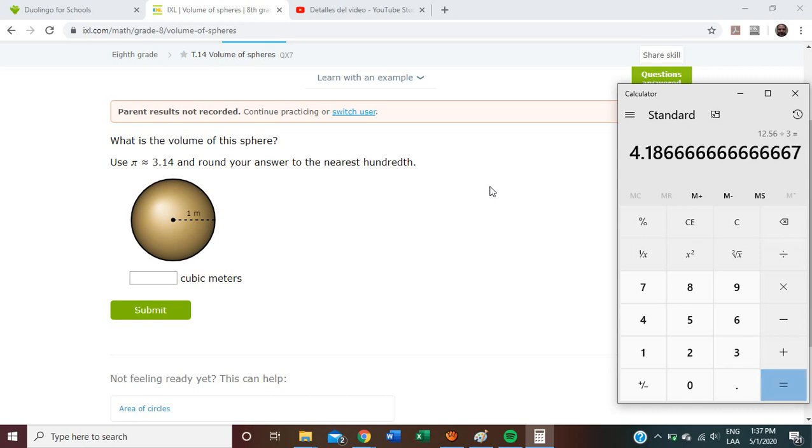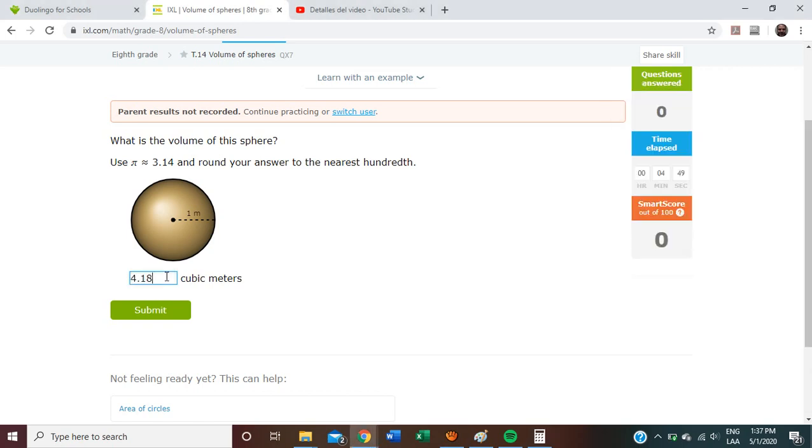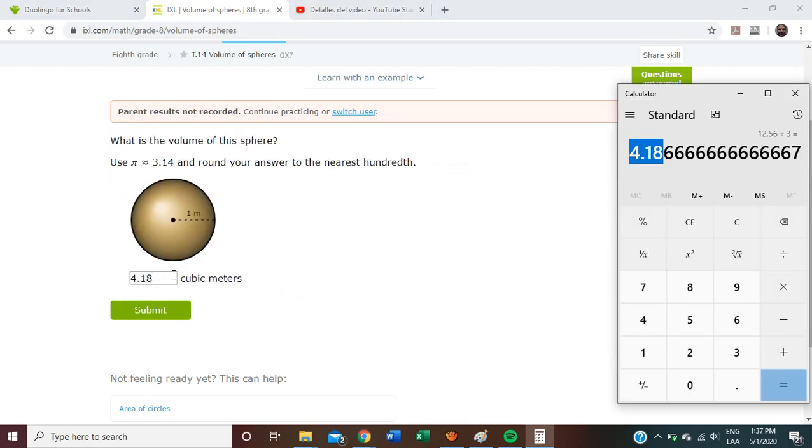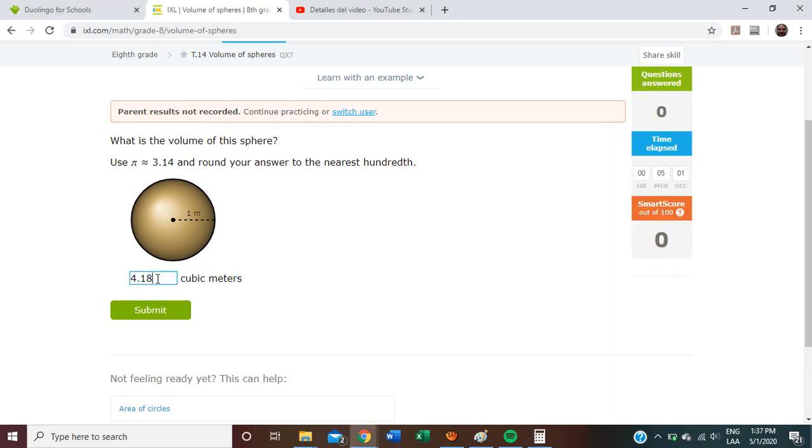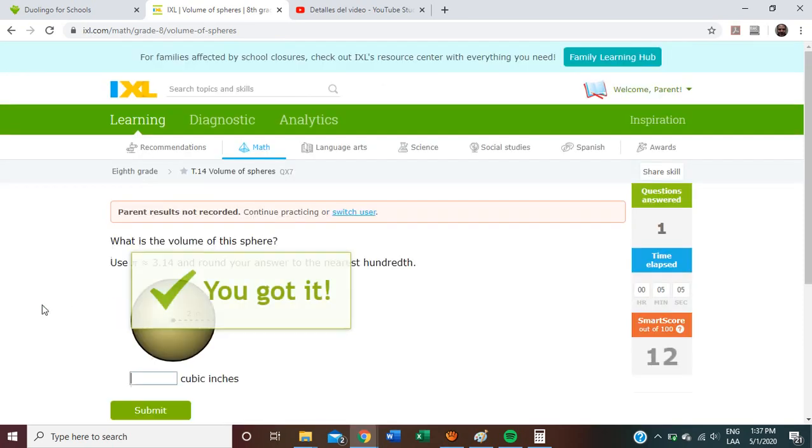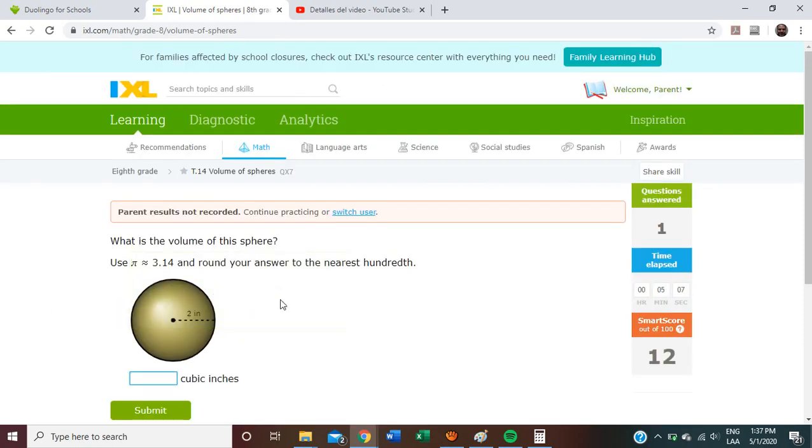Okay, so this is the volume, but remember, we're going to round it to the nearest hundredth, only 2 numbers after the decimal. The question is, is it going to be an 8 or a 9? Because this number is higher than or equal to 5, it has to go up 1 number, so it's going to be a 9. Okay, we submit our answer and you got it right.